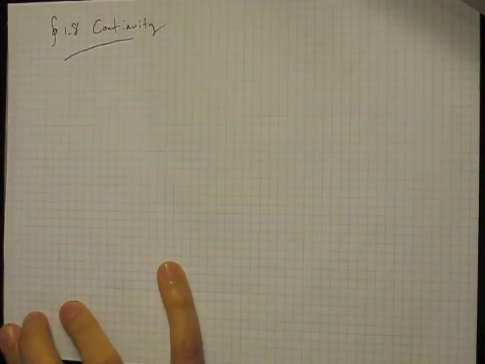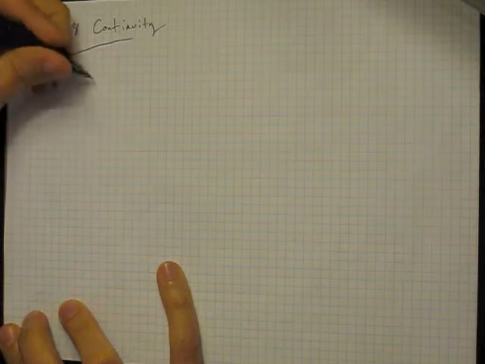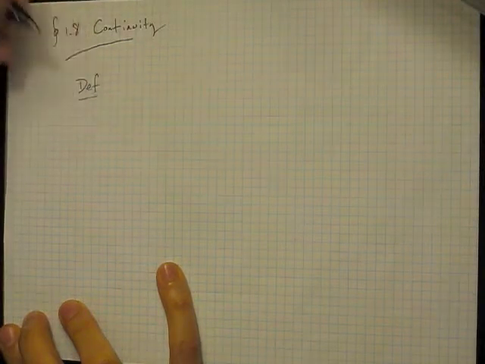Okay, so today we're going to talk about section 1.8 of the textbook, which is the section on continuity. This begins with the definition of continuity.